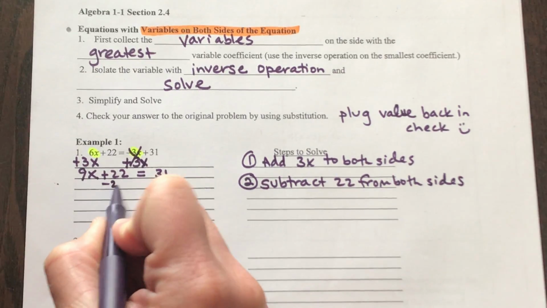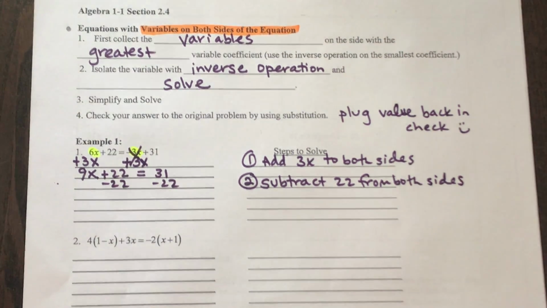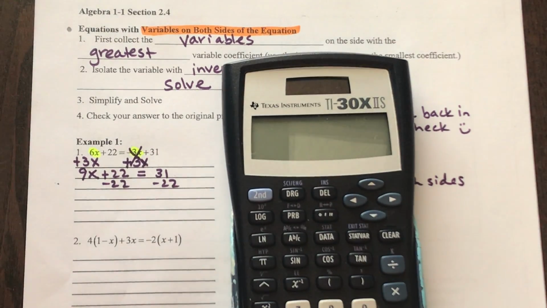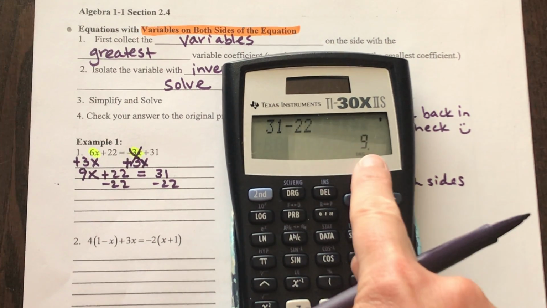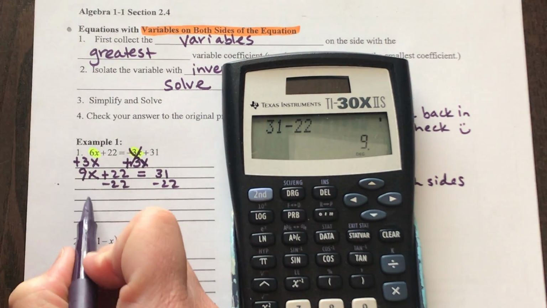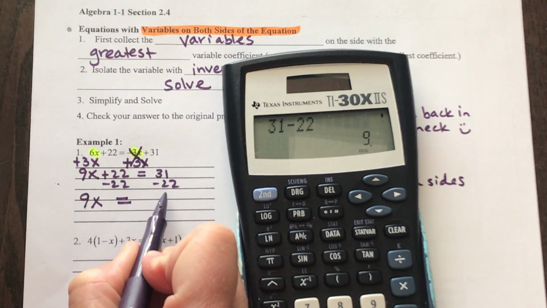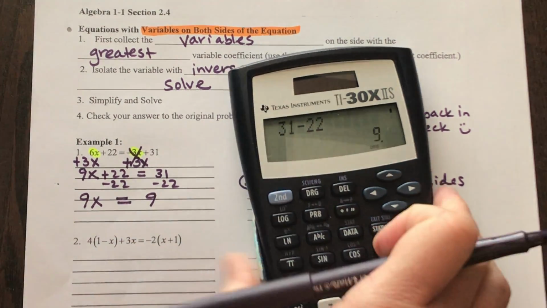So I'm going to subtract 22. Now I'm going to get my calculator because I just want to show you. So here we have 31 minus 22. So on the right side, I will put a 9. So I have this 9x that's still over here. And now that is equal to 9.